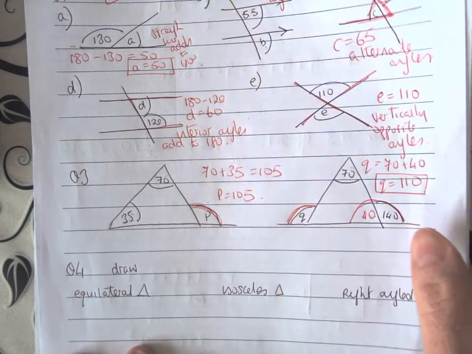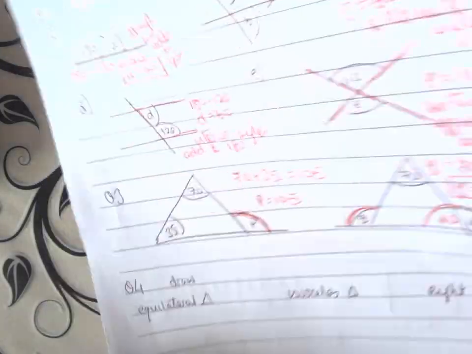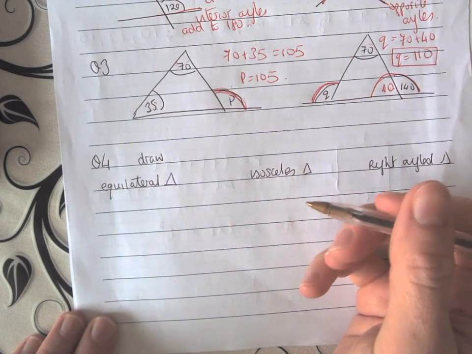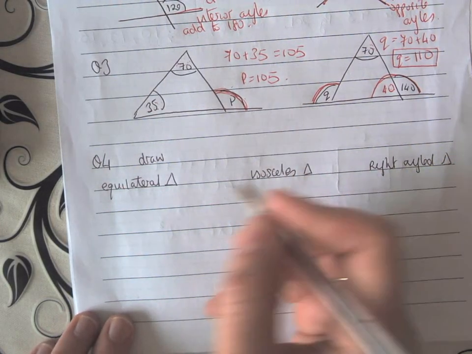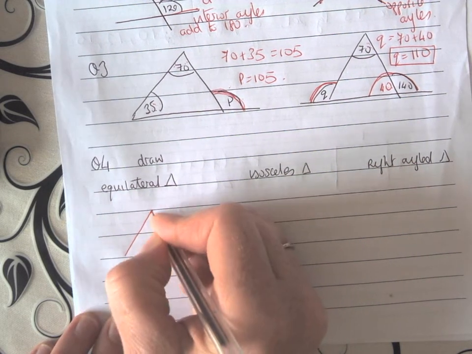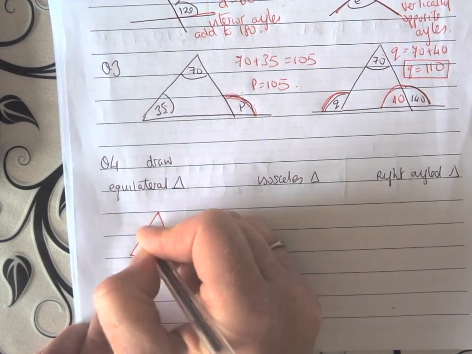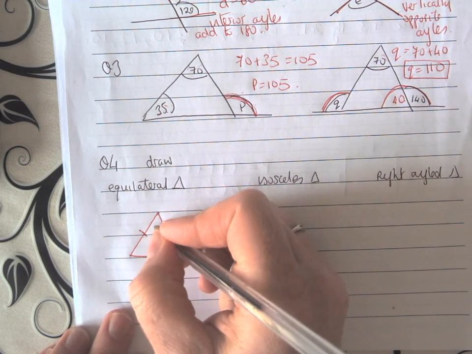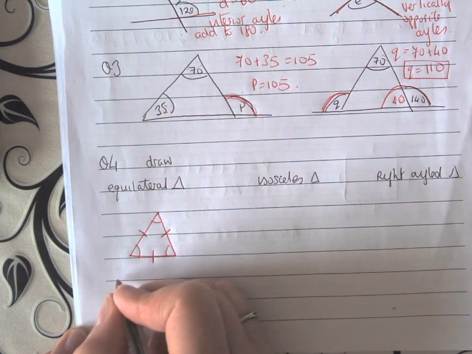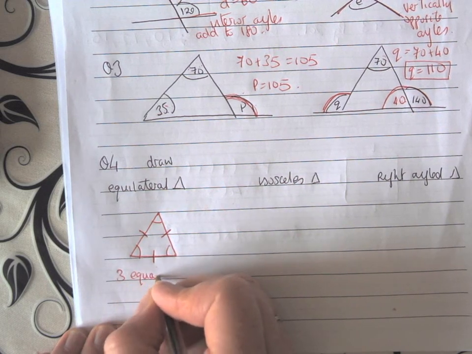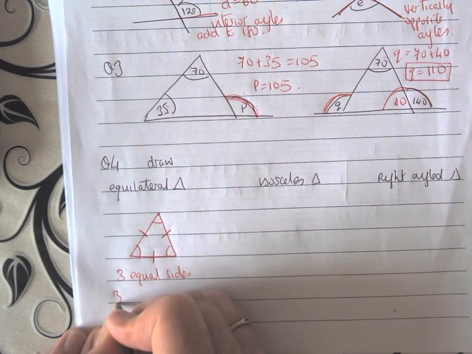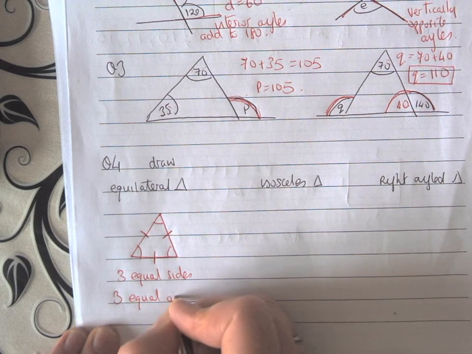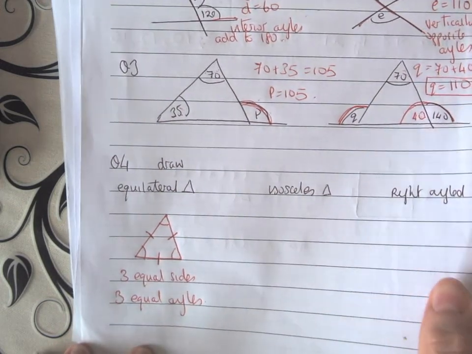Okay. And then it said draw and explain why it's the following triangle. So an equilateral has 3 equal sides. That's symbolizing that the 3 sides are equal, and 3 equal angles. Okay.